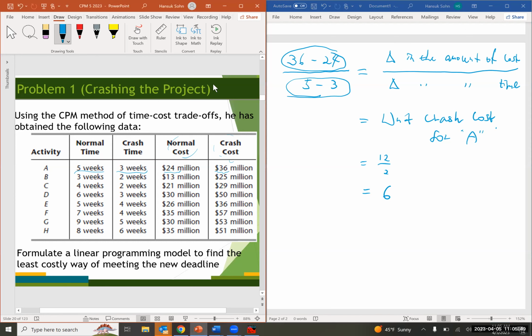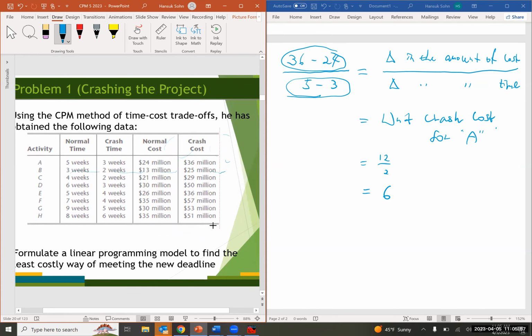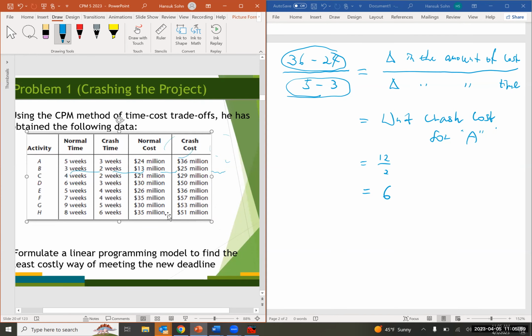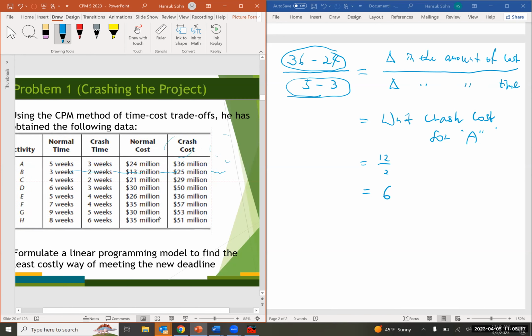So here, let me resize the table a little bit. And then what I'm going to do is create one more column.